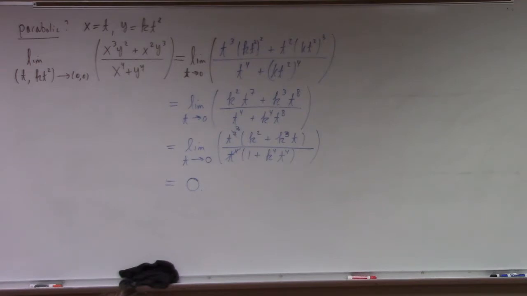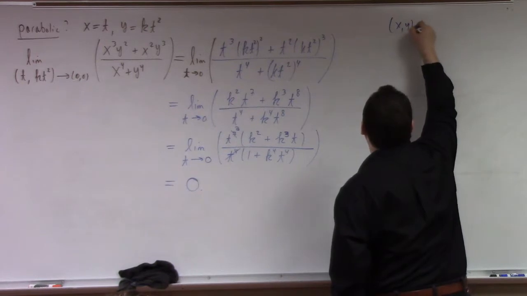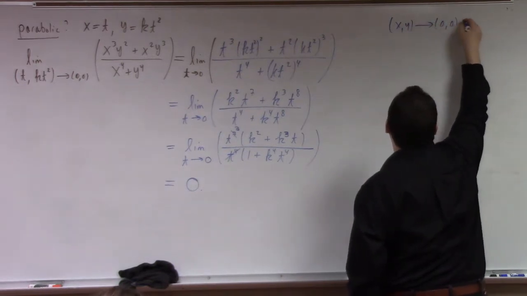So what is a technique to show something exists in here? We don't really prove anything in here, okay? Don't put words in my mouth, but we can show a pretty good plausibility argument if we switch to polar coordinates. So what would the limit as (x, y) goes to (0, 0) look like in polar coordinates?